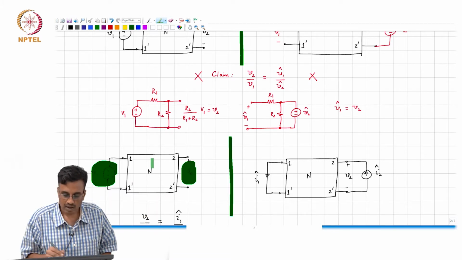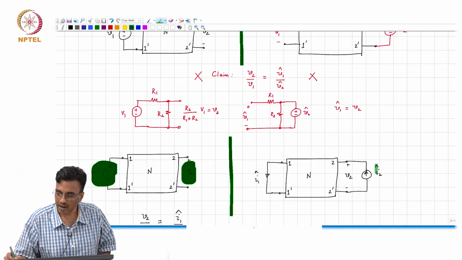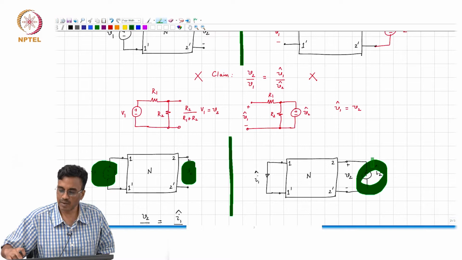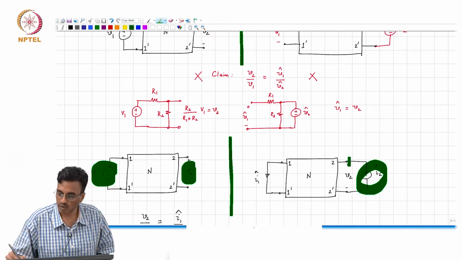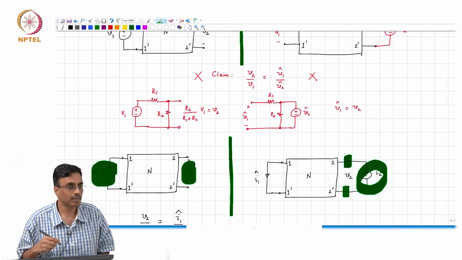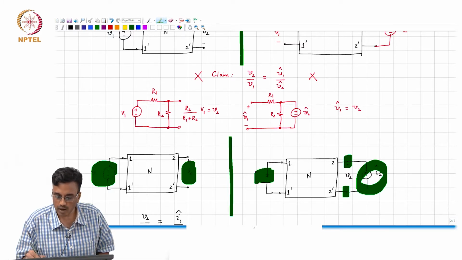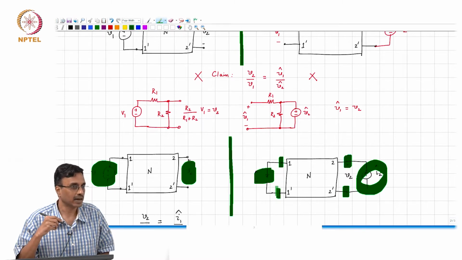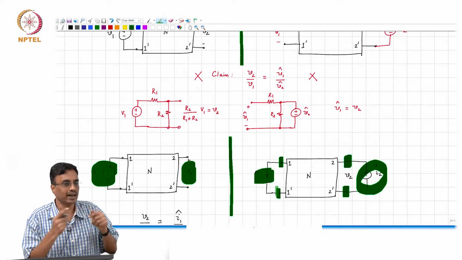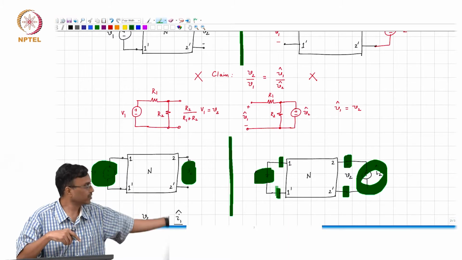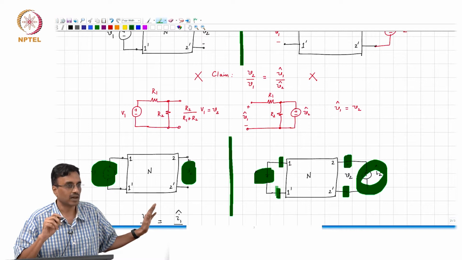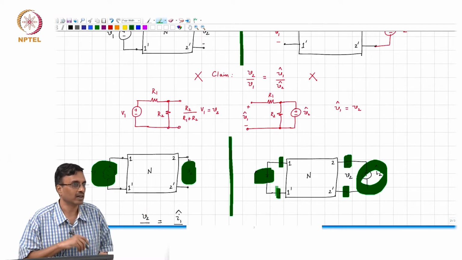If on the other hand I apply I2 hat here, there is some voltage developing with this terminal greater than this terminal. In the absence of a short, you would expect that this voltage would be larger than this voltage, correct. So the moment you make the short circuit, current flows which way? Current flows downwards, right.